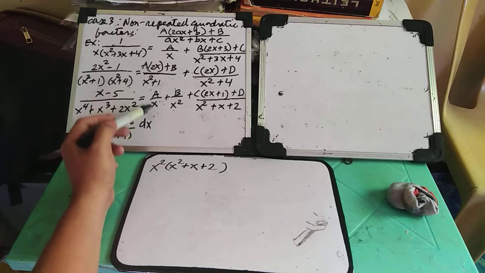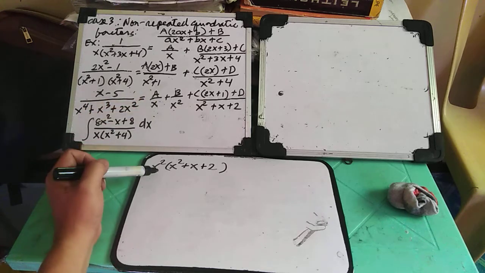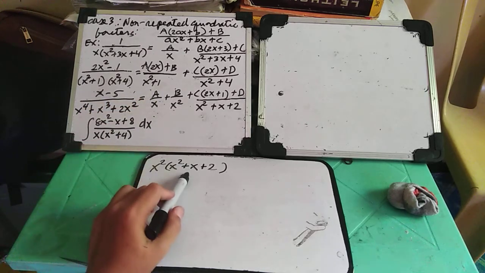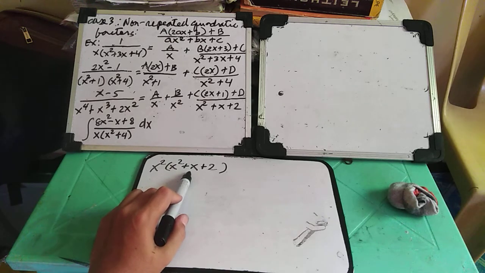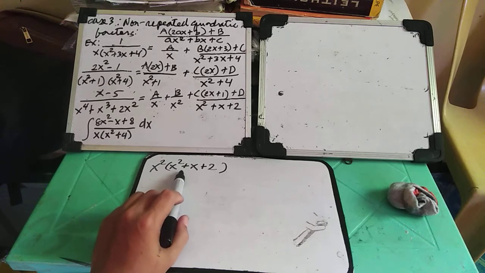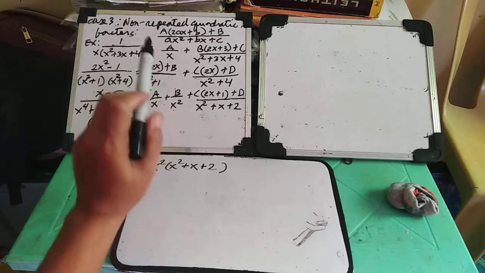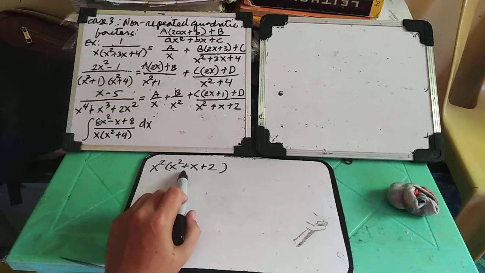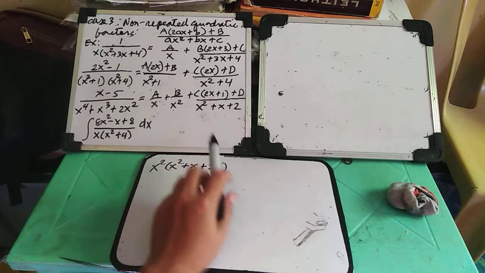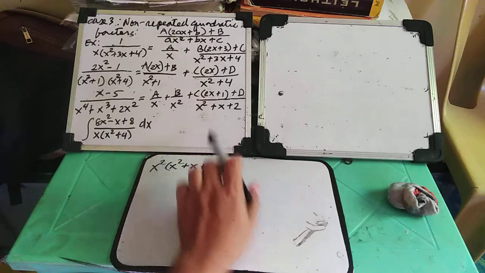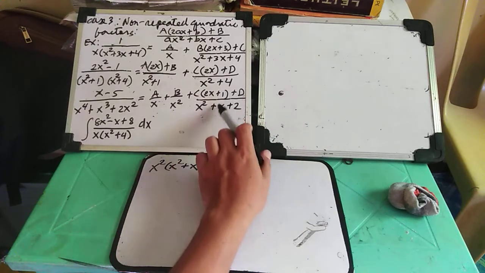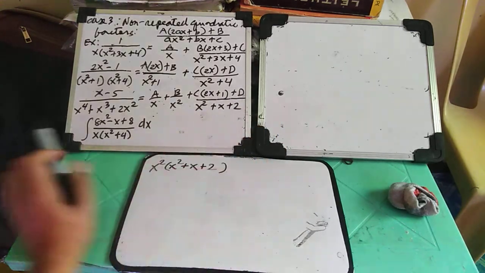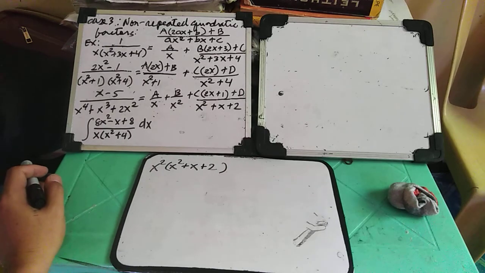That's why we have A over x plus B over x squared. However, the second factor is a quadratic factor, which is not factorable to linear form. Then we will apply now the partial fraction for case 3, which is C times the derivative of the quadratic factor, which is 2x plus 1, plus D all over x squared plus x plus 2.